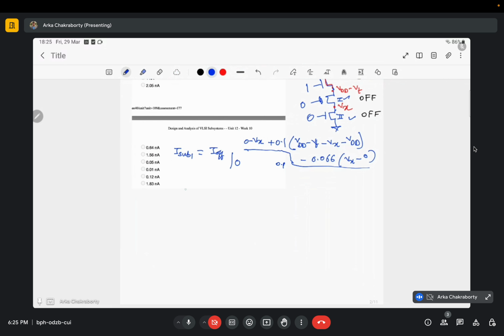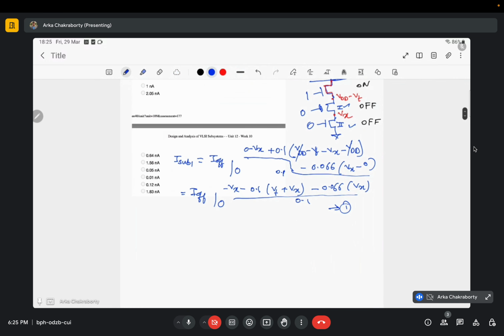So it would become I0 into 10 to the power minus Vx plus 0.1, this VDD will cancel, minus Vx, VT plus Vx, minus 0.066 Vx, whole divided by 0.1. Let me call it equation 1.